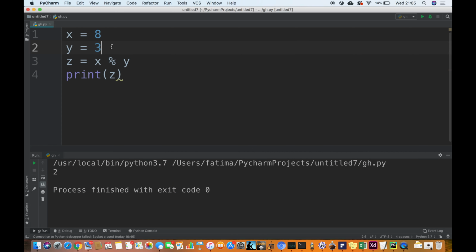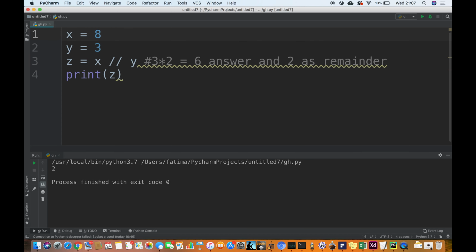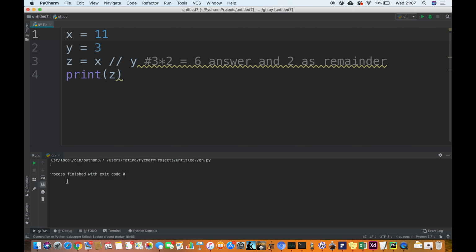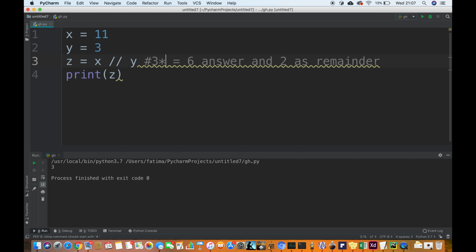For example, if I change this to 11 and now I run it, it tells me that 3 times 3 is 9, and 11 minus 9, 2 is the remainder.